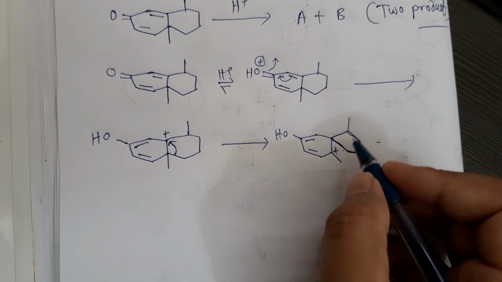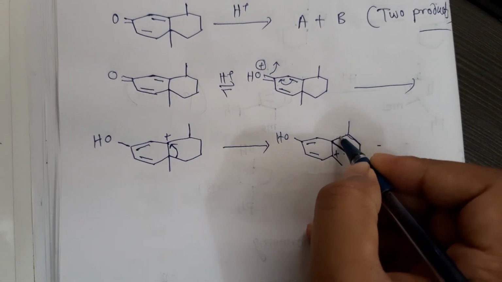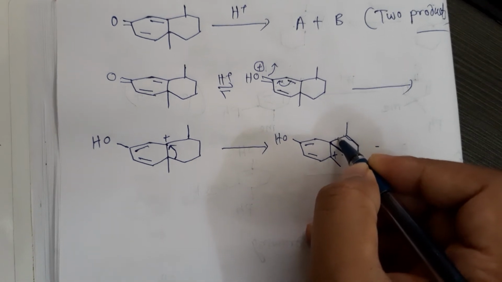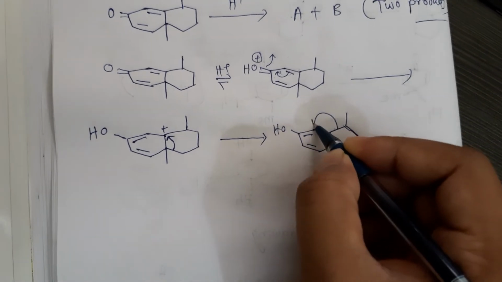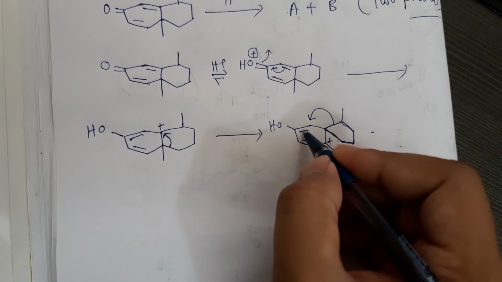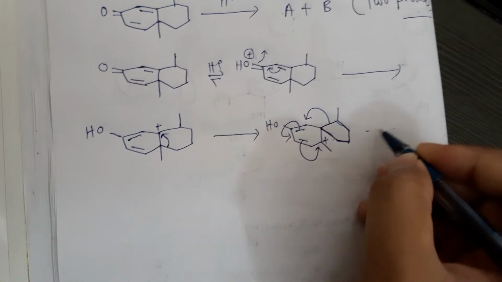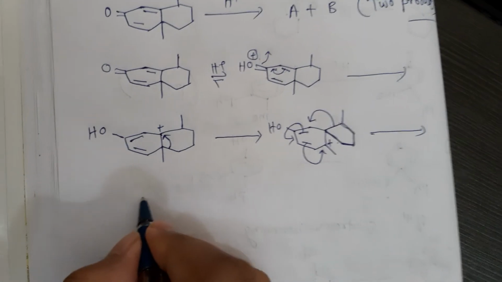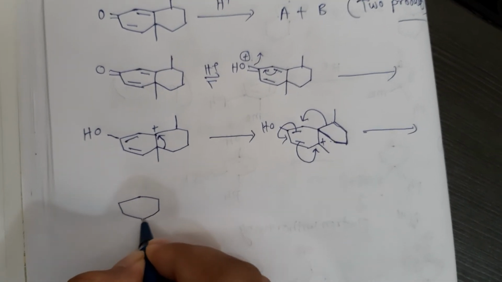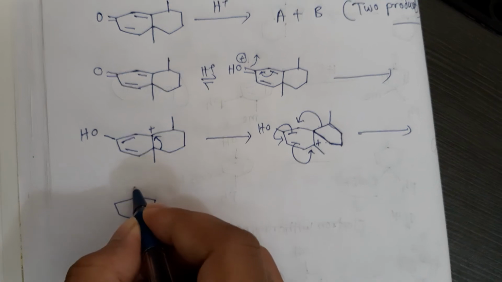Then what happened? This came here, this goes here, and this forms this one. This is a very interesting problem.